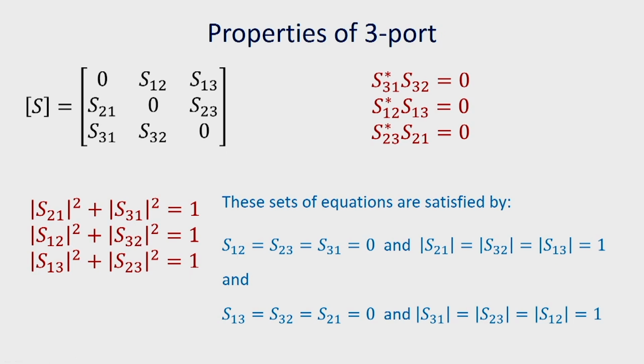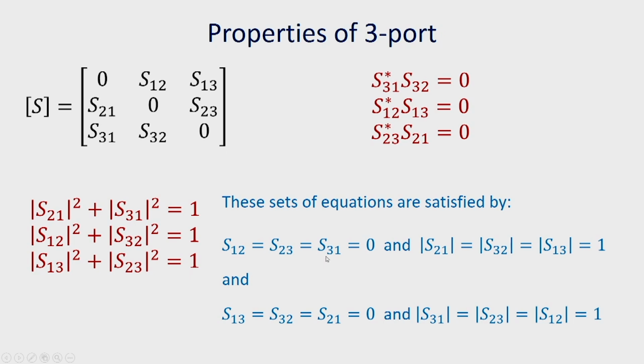Similarly, if we put S23 equal to 0, then mod S13 becomes equal to 1. Like that we can verify that we have a solution of these equations provided these relations are satisfied. That means if S12, S23, S31 are 0, then we get a solution for the remaining parameters S21, S32, S13. In the same manner, another set of solution is possible.